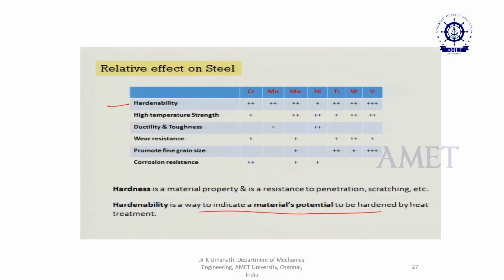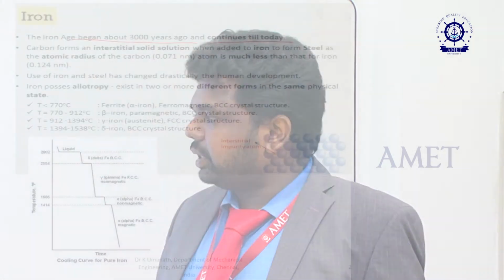This slide shows some of the alloy content used in steel. For this concern, hardenability will be increased. Three pluses mean a very high effect, and one plus shows a low effect, as shown in this figure.